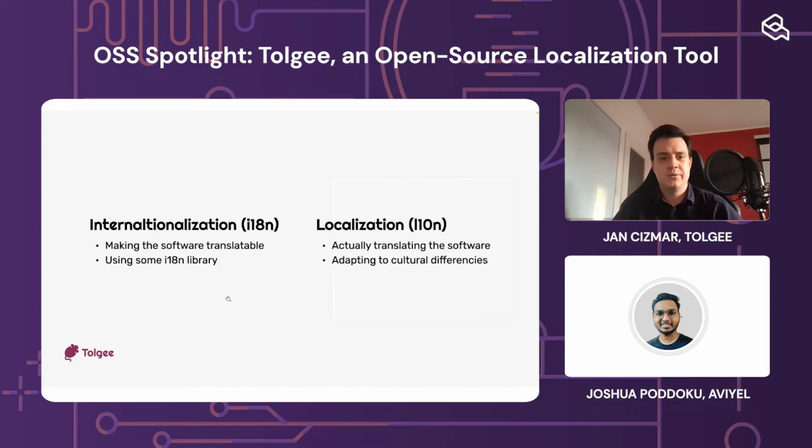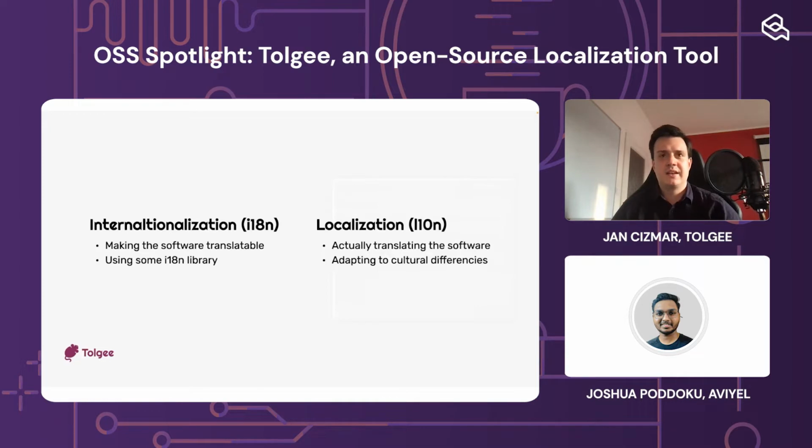Maybe if you ever developed software which was translated to different languages, you used some i18n libraries, or some specific library for your framework or language. I18N is an abbreviation for internationalization, and it means that your software is prepared to be translated in the future.